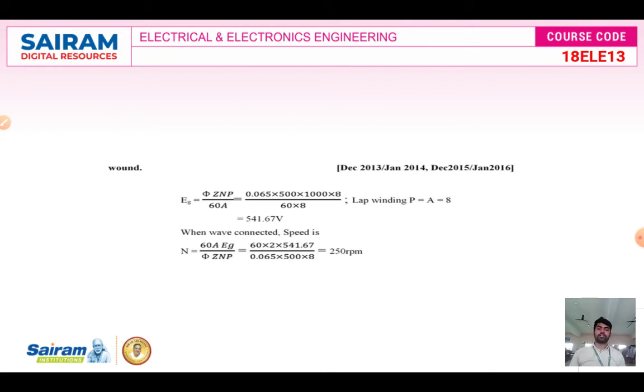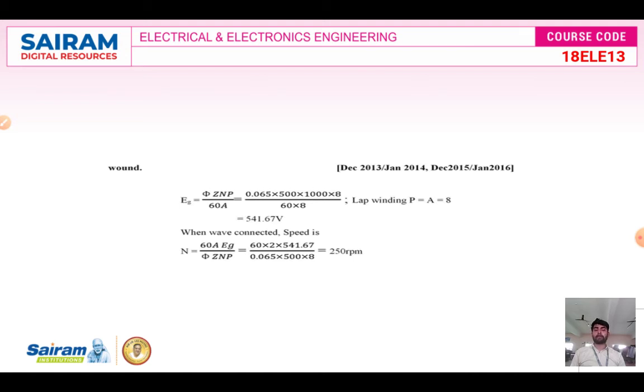See, this question was asked 2 to 3 times, like December 2013, January 2014, and December 2015, January 2016. So, EG is equal to ΦPNZ by 60A for generator, generating EMF.